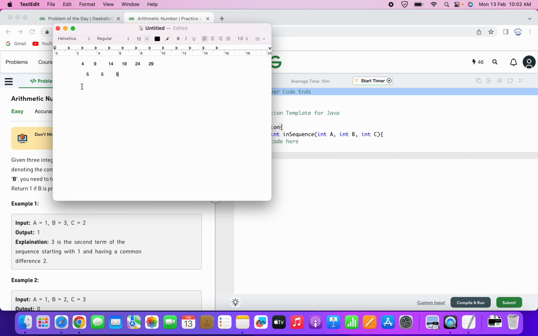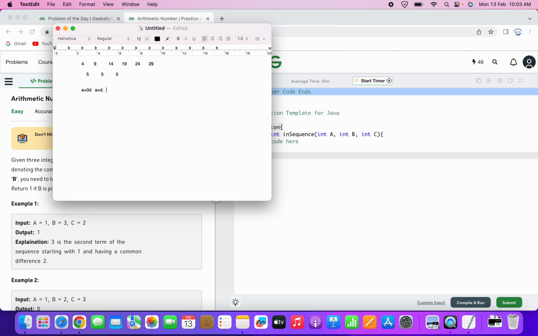If we write this expression-wise, suppose the first number is a, then it is a plus 0d, where d is the common difference. For the next number it will be a plus d.